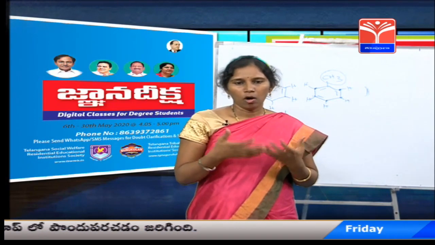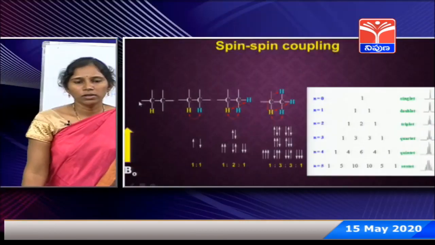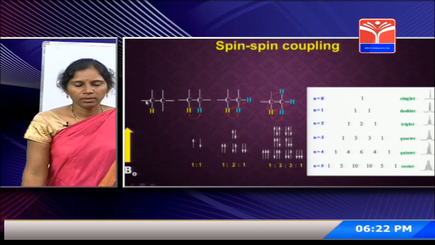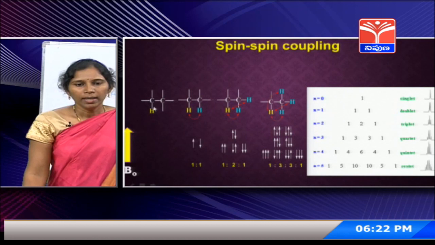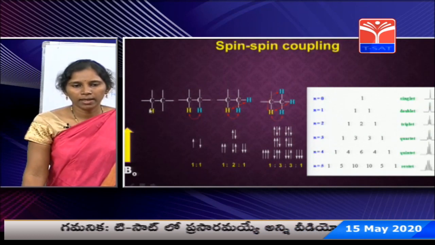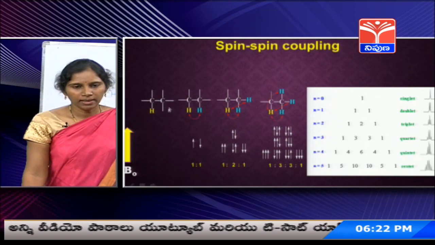Let us see how it will be. Look at the screen, students. If you see the first compound, just a hypothetical case I have taken, it has no hydrogens on the adjacent carbon. The yellow colored hydrogen does not have any adjacent hydrogens.